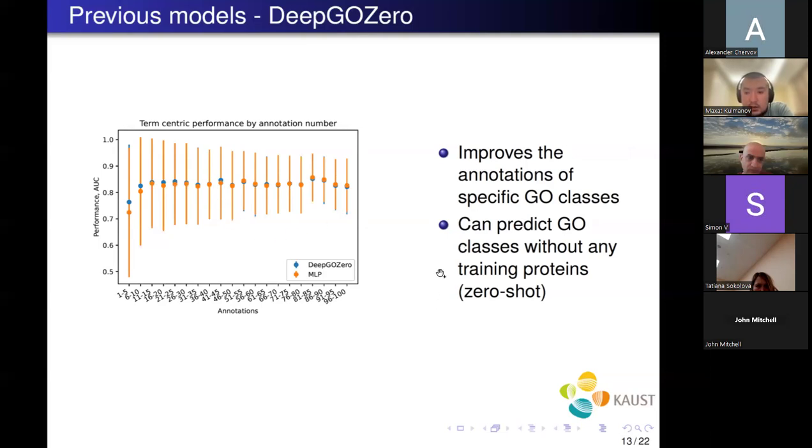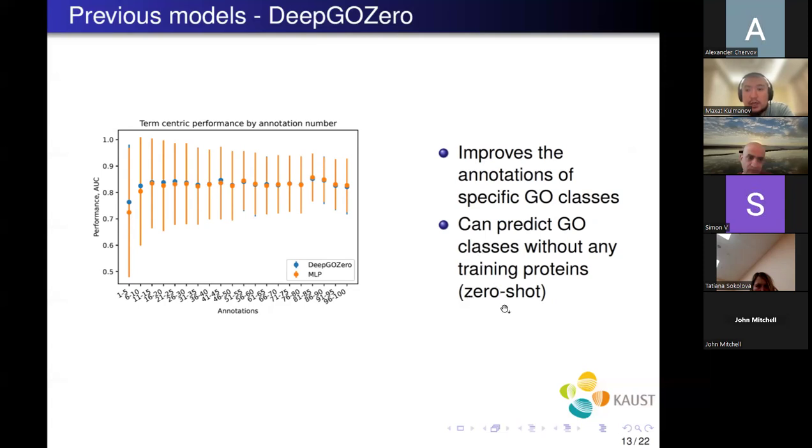And also, this method is called DeepGO-SE because it allows us to predict functions of classes where you don't have any training protein. In Go we have 50,000 classes, but I think only around 30,000 of them have experimental annotations, proteins with experimental annotations. So using the standard ways, it's not possible to train any classifier for those functions.